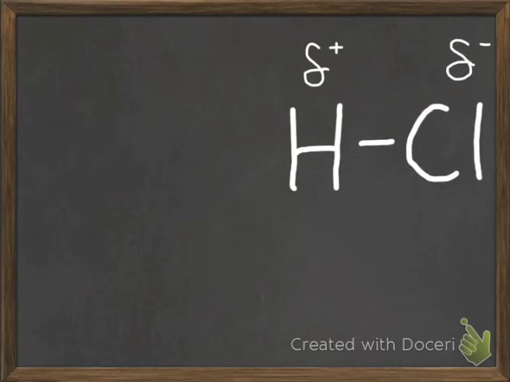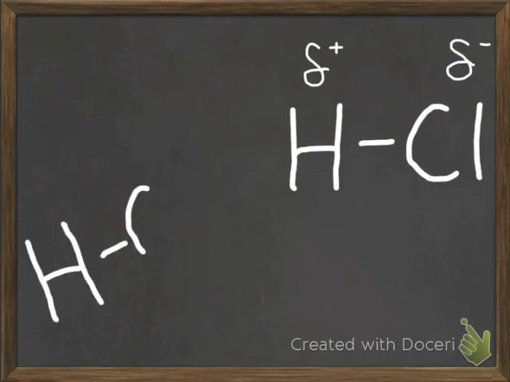And if chlorine is taking on a partial negative charge, then that means that hydrogen is taking on a partial positive charge. So if we brought in another HCl molecule, what do you think would happen?